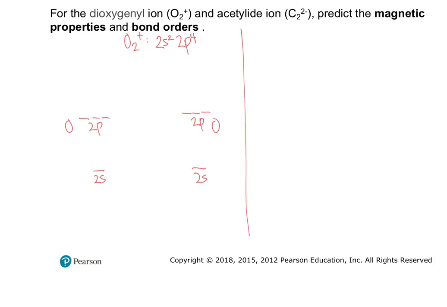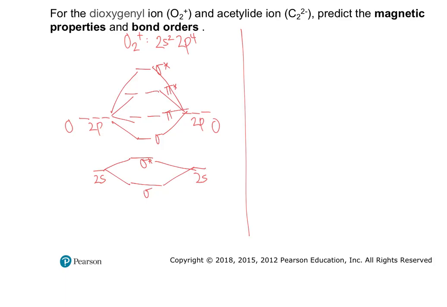So the s orbitals will still have the sigma and anti-sigma, and then the p orbitals will be sigma, pi, anti-pi, anti-sigma. Okay, and we'll fill them up.